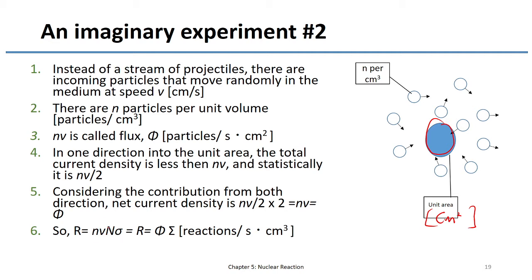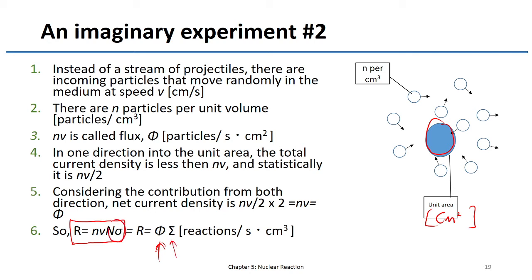So similarly, you get the reaction rate, which is nv capital N sigma. Now here nv is phi, so R equals phi multiplied with the macroscopic cross section.